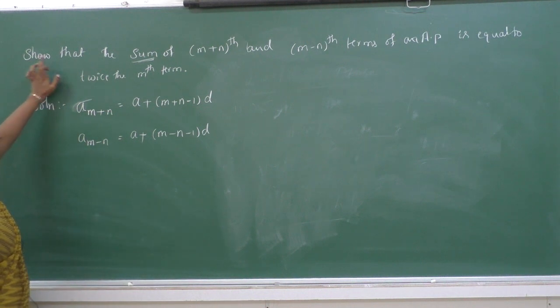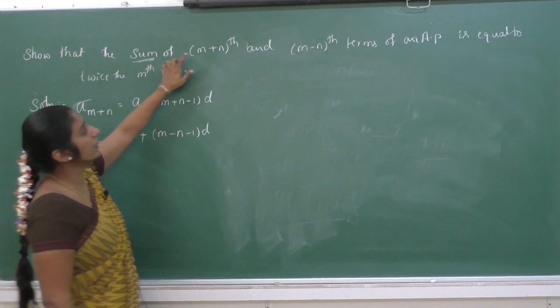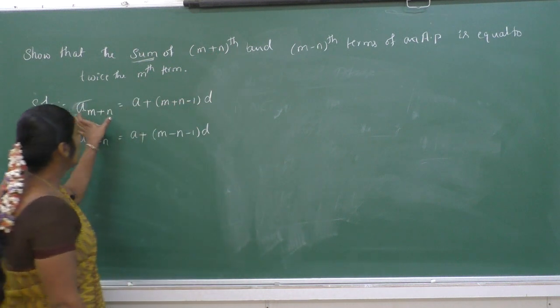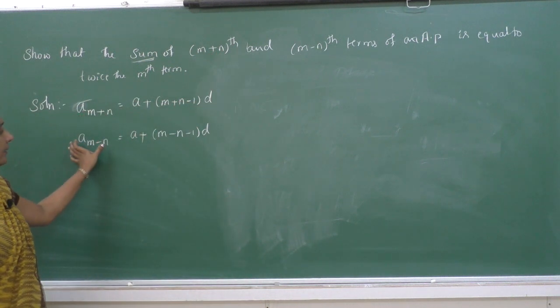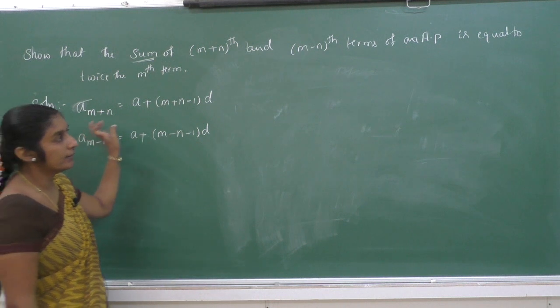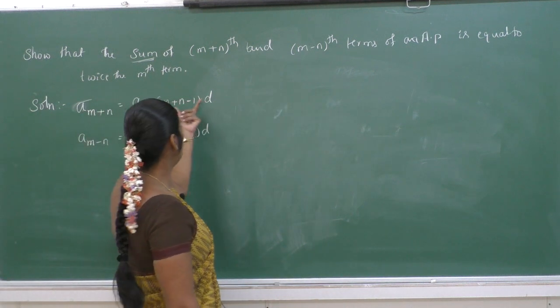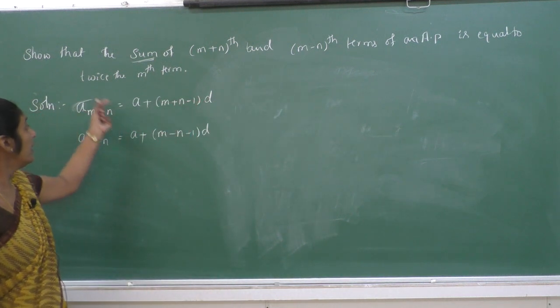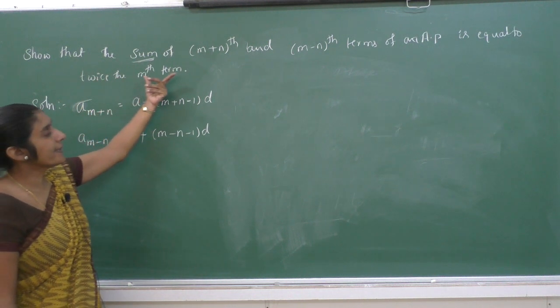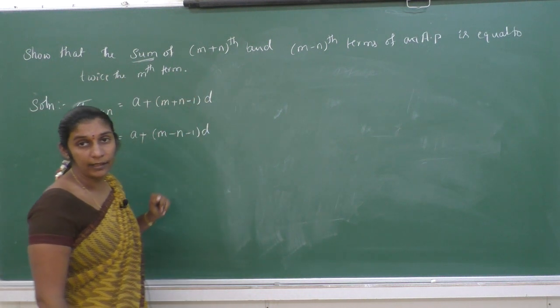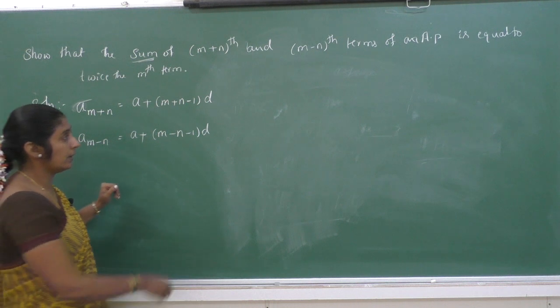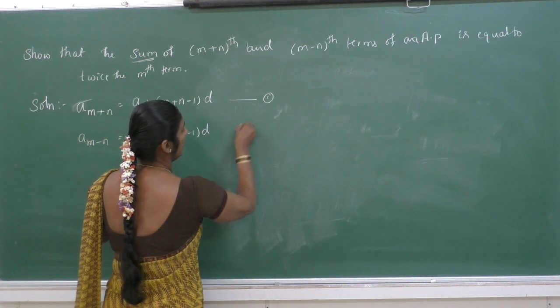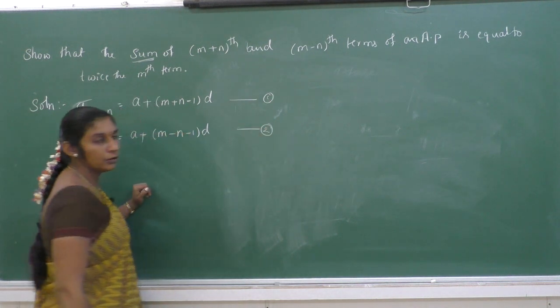So, show that the sum of m plus nth and m minus nth terms of an AP, sum of these two terms is equal to twice the mth term ಅಂತ ಹೇಳ್ತಿದ್ದಾರೆ. Twice the mth term ಅಂತ. So, call this equation number 1, call this equation number 2.